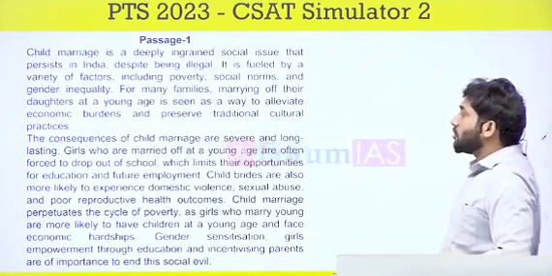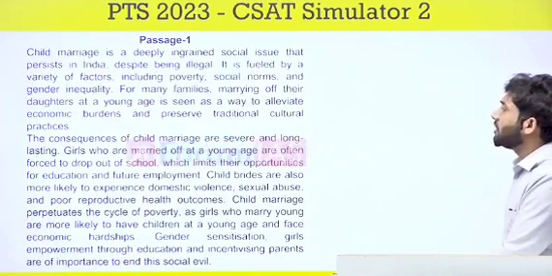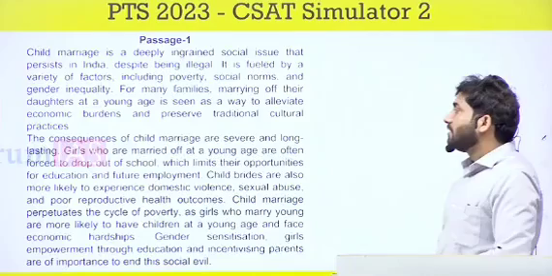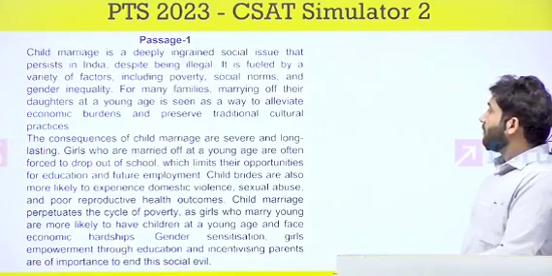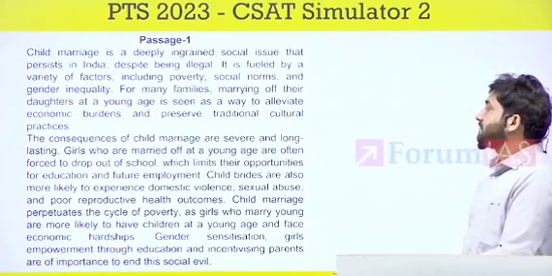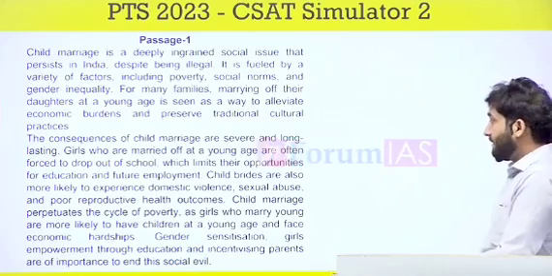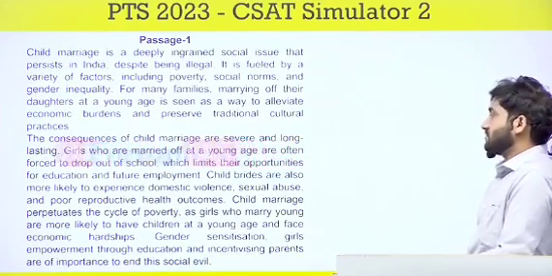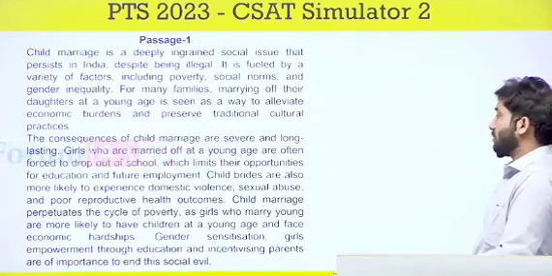Now, later, the consequences of child marriage are severe and long-lasting. Girls who are married off at a young age are often forced to drop out of school, which limits their opportunities for educational and future employment. Child brides are also more likely to experience domestic violence, sexual abuse, and poor reproductive health outcomes.